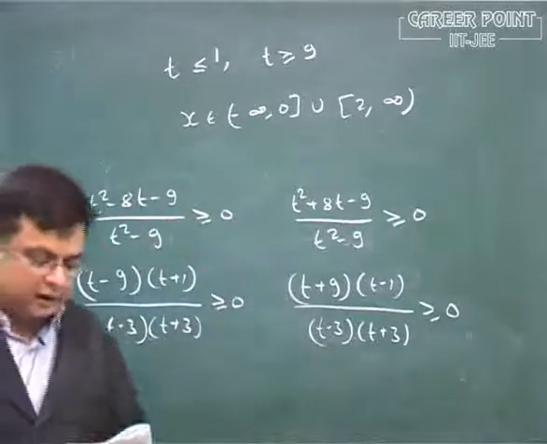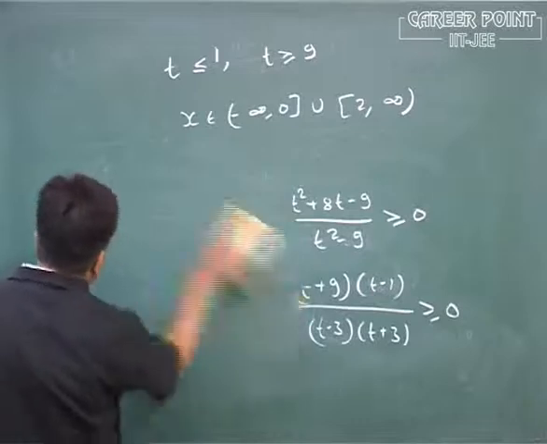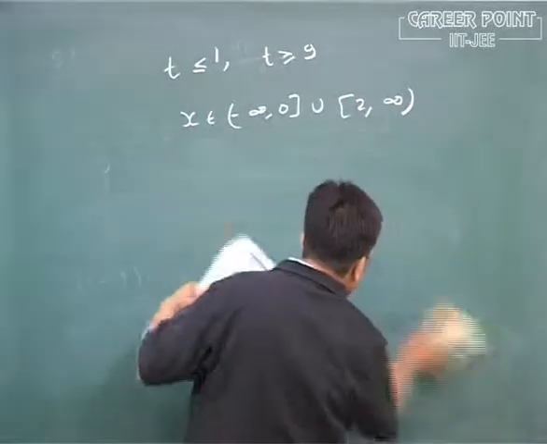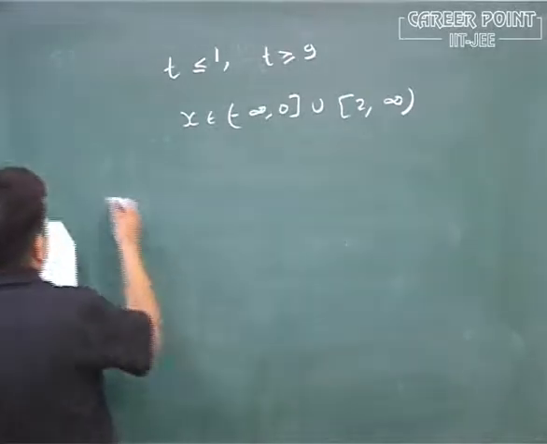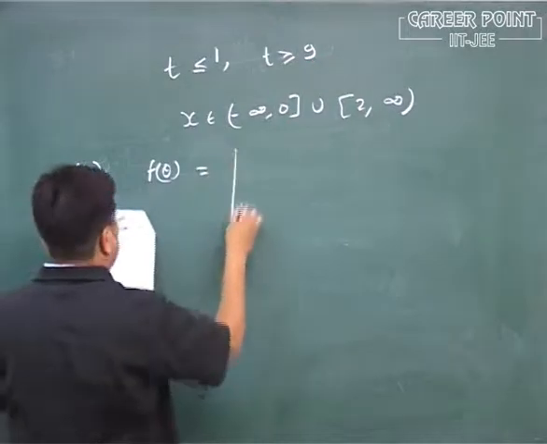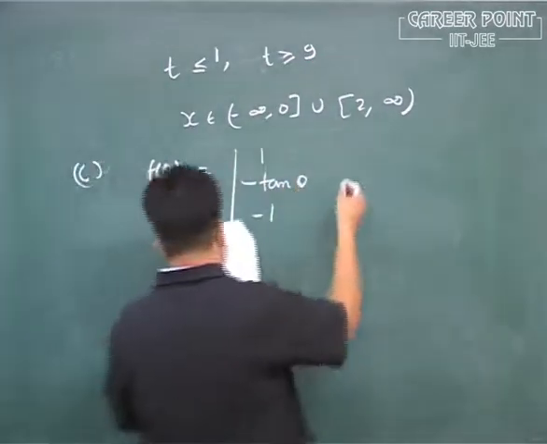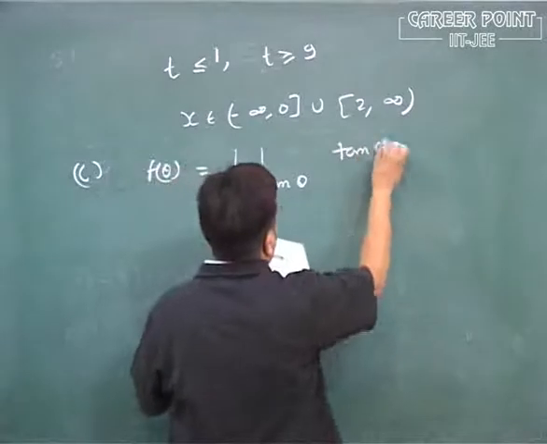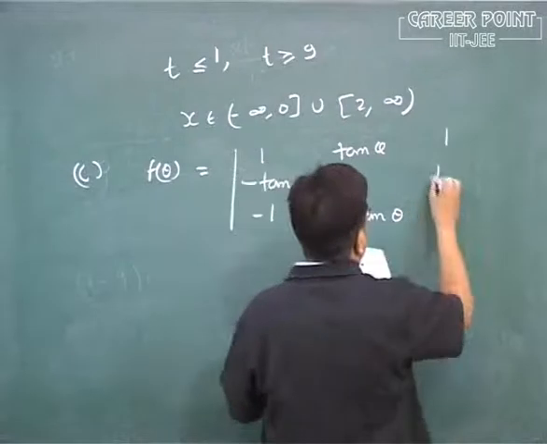Now, taking the third part of this question, that is C part, that is f theta is equal to the determinant 1, minus tan theta, 1; tan theta, 1, minus tan theta; 1, tan theta, 1.